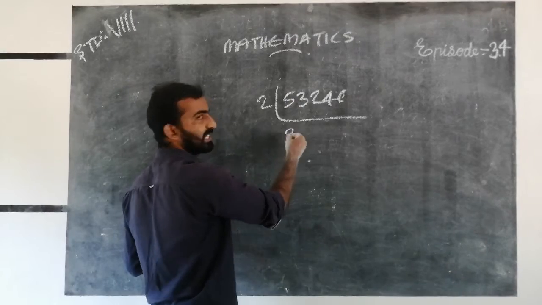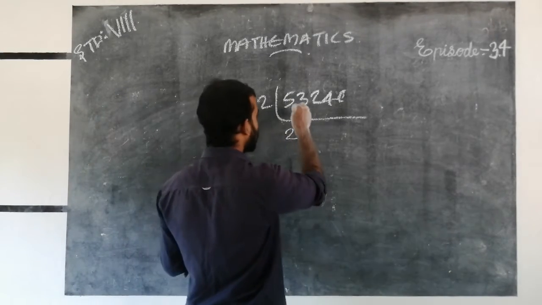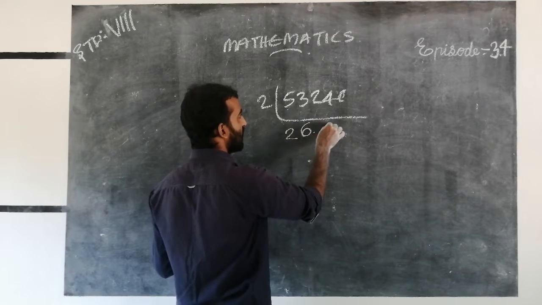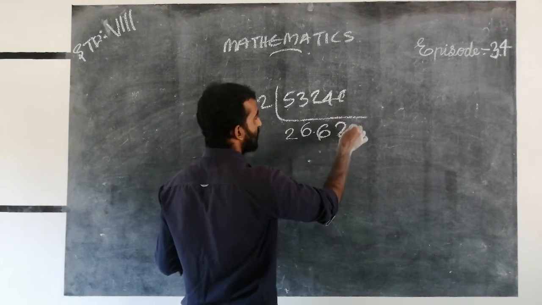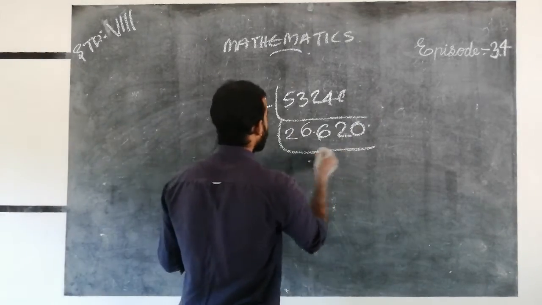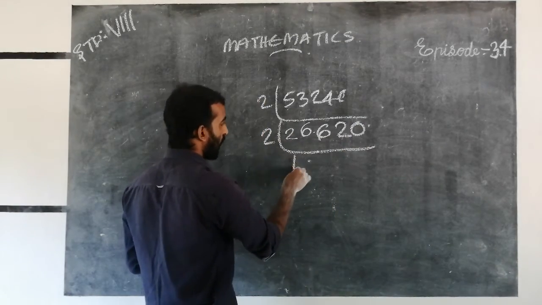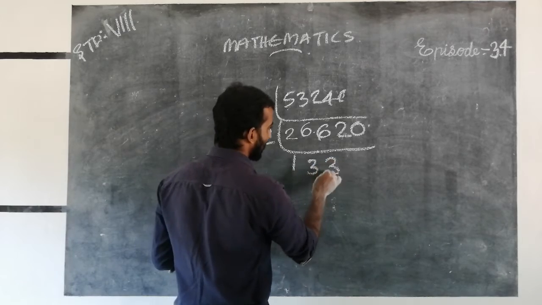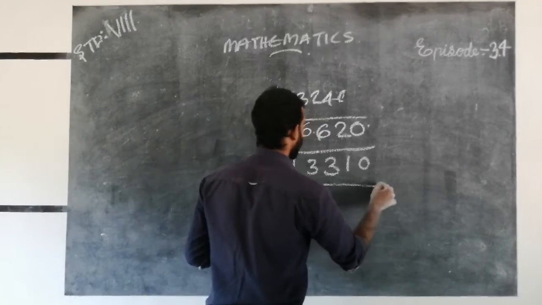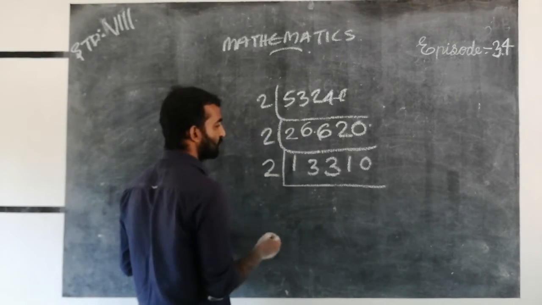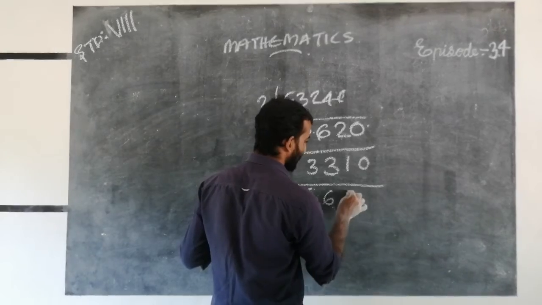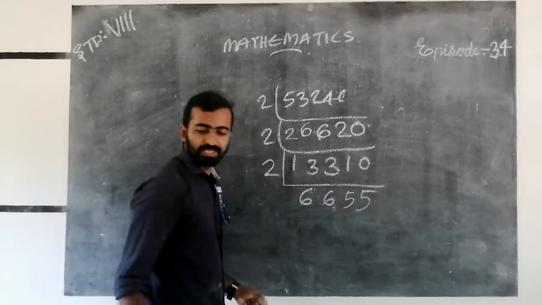Here we can take it as 2, and here is 13. We get 6, 2 and 0. Is it? Yes. And next is 2, 1, 3, 1, 0. And next one is also 2, 6, 5, 5. Is it?